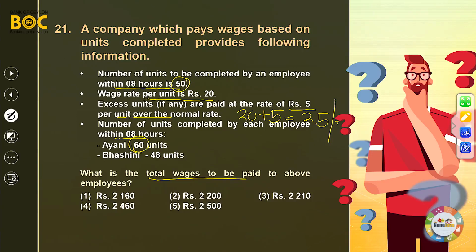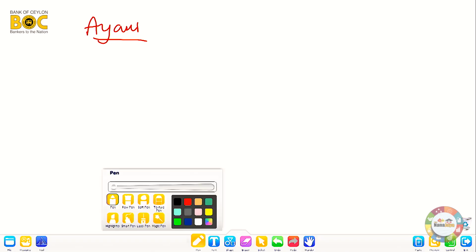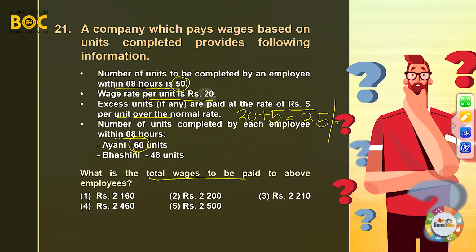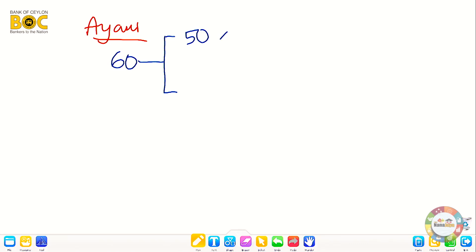So the first 50 units you pay at the normal rate, which is 20 rupees.